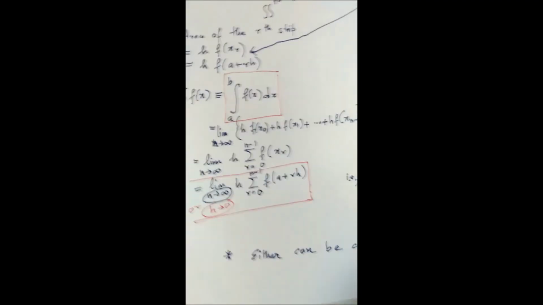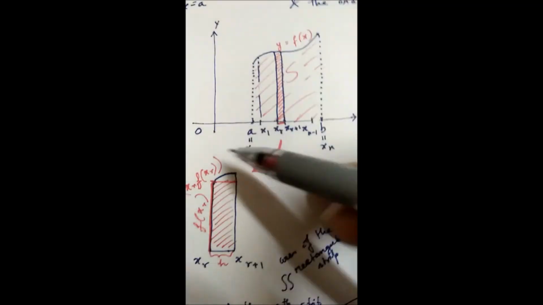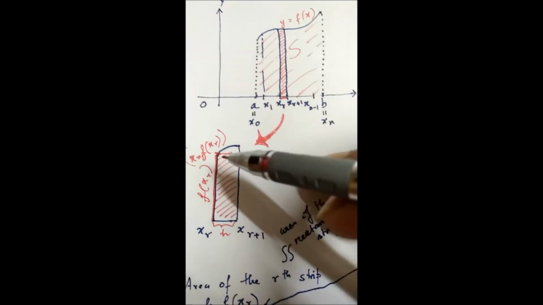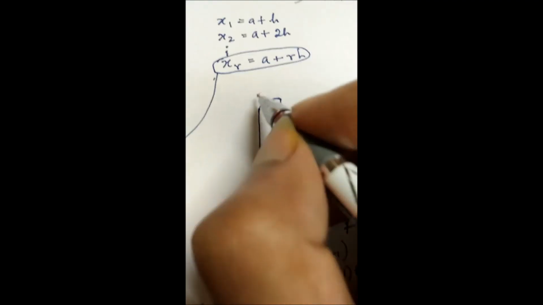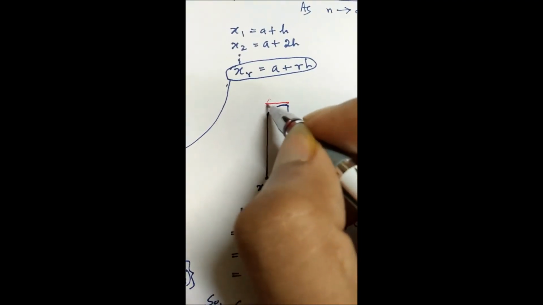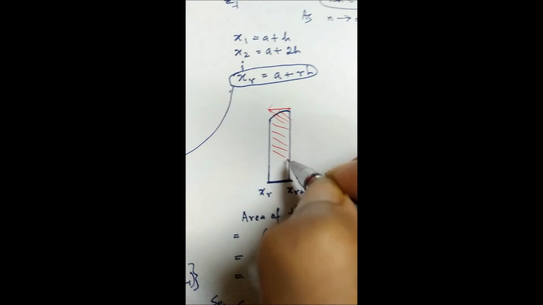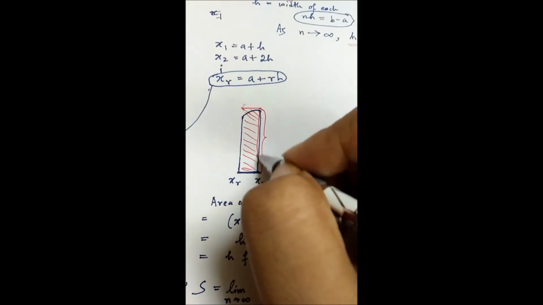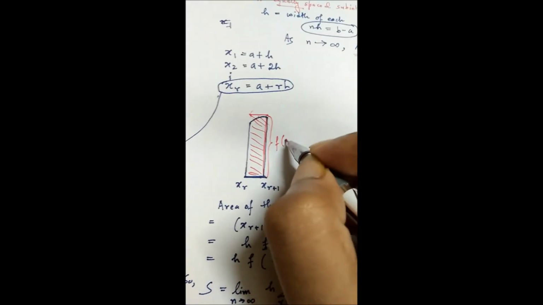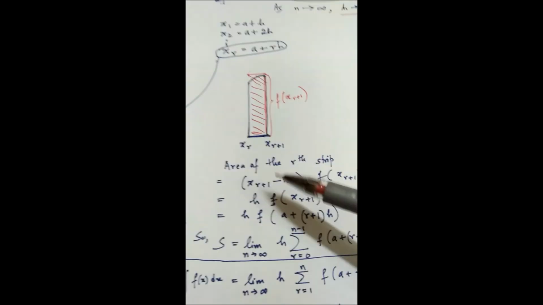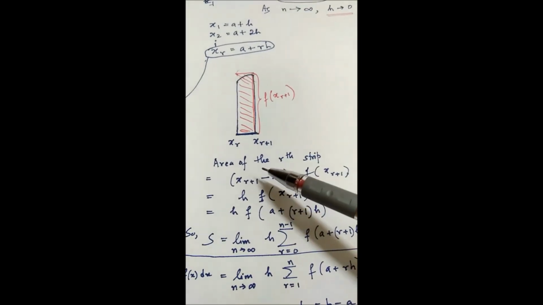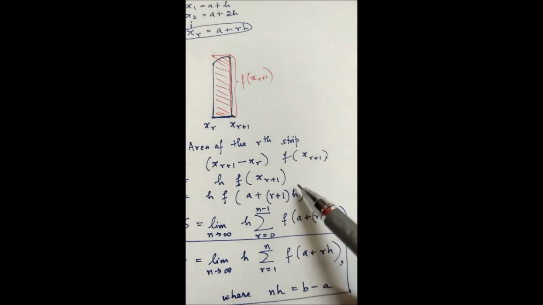Now you must be wondering, we have taken the left wall here. What would happen if we approximated with the right wall? Well, nothing much. If you had considered this one, right? So what would be the height of the right wall? It would be f of x r plus 1, right? And doing this in the same way, the only difference would be this term.